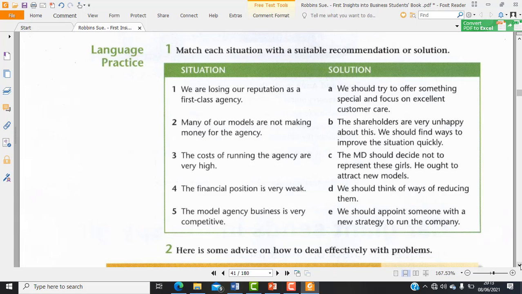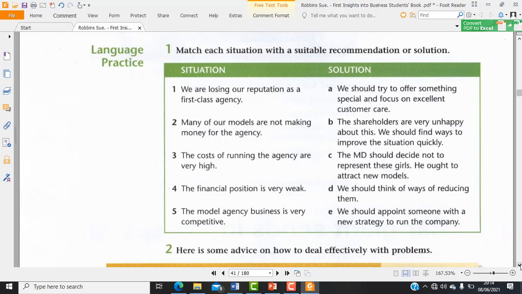Number two, many of our models are not making money for the agency. Number three, the cost of running the agency is very high. Number four, the financial position is very weak. Number five, the model agency business is very competitive.